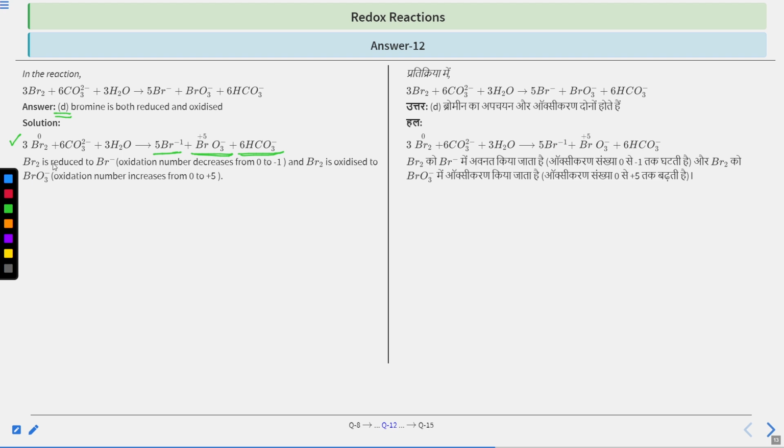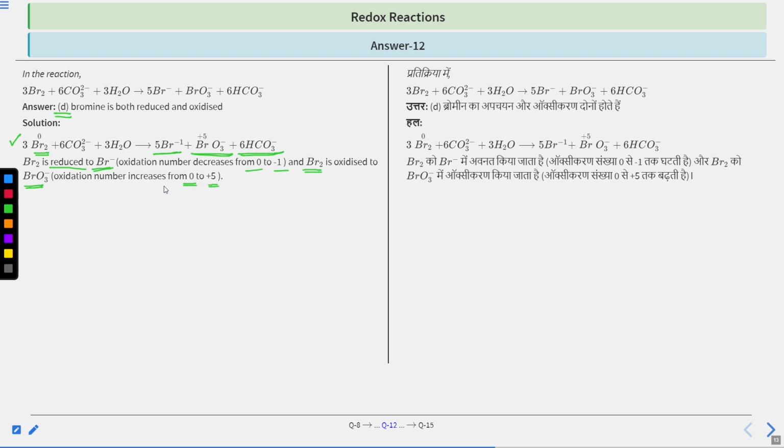On the reactant side, we have only Br2. So Br2 is reduced to Br- as the oxidation number decreases from 0 to -1, and Br2 is oxidized to BrO3- as the oxidation number increases from 0 to +5, right?